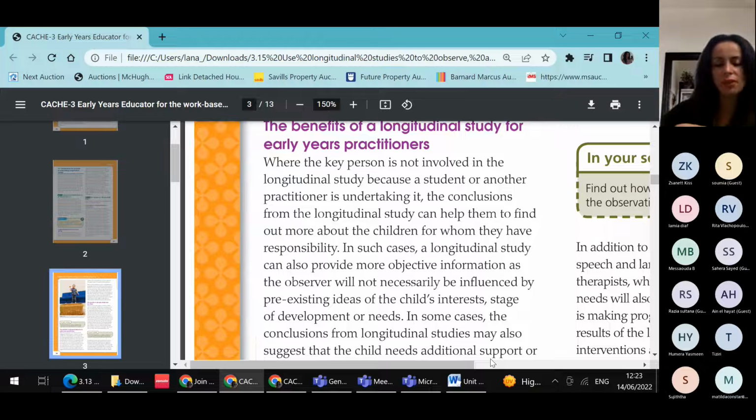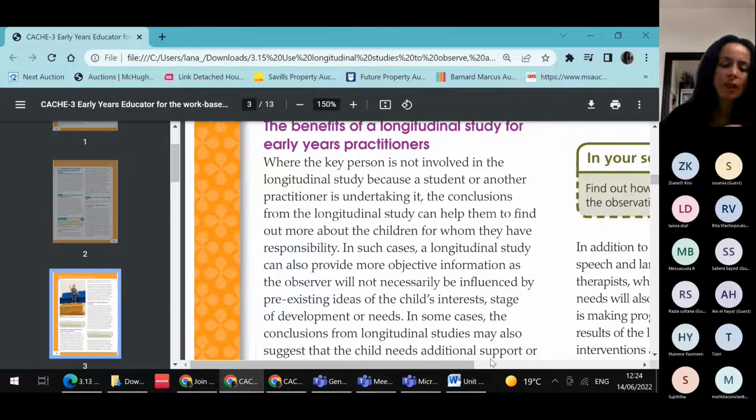For you as an observer, you need this information. If someone else is doing it, maybe this information is not necessarily important to them, but it will help the idea about the children's interest, what's their stage of development.